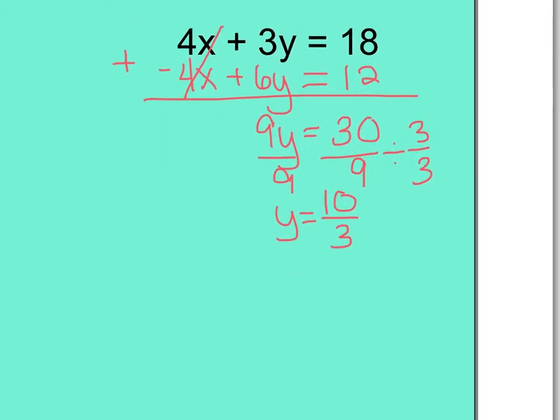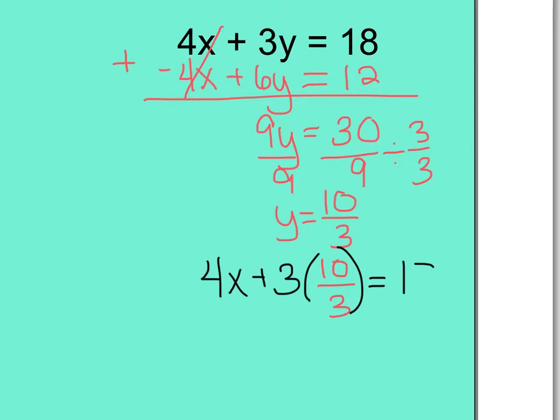So it's 4x plus 3 times what y is, which is 10 over 3, equals 18. Well, to multiply 3 times 10 over 3, I'm going to put a 1 underneath it. Now, some of you are going to notice that the 3's are going to cancel, and if you do, that's great.